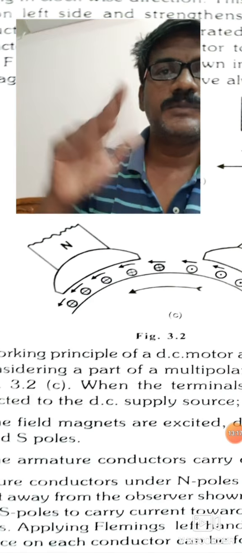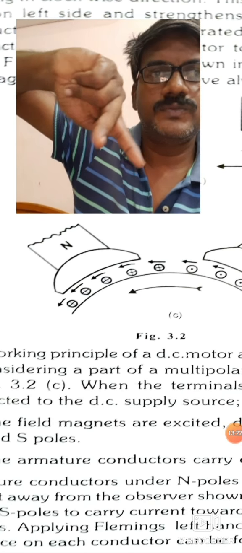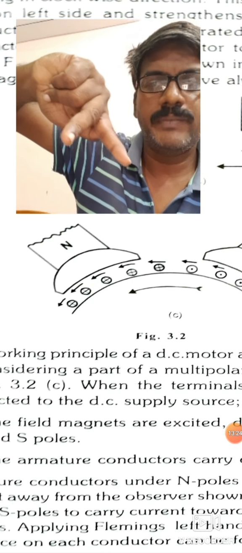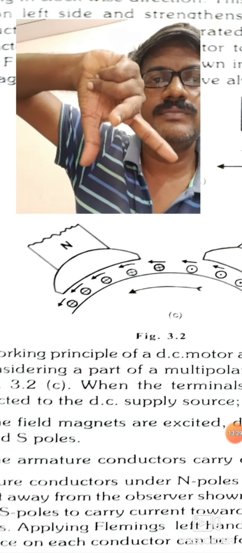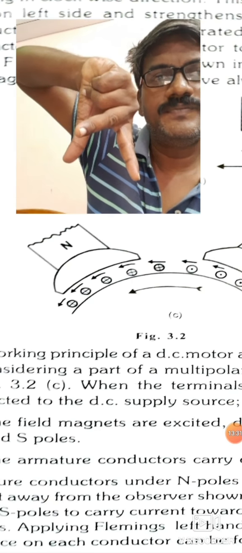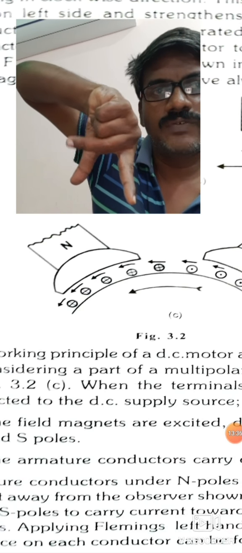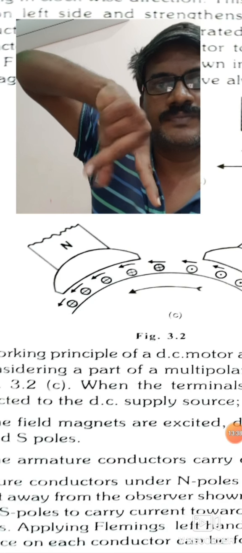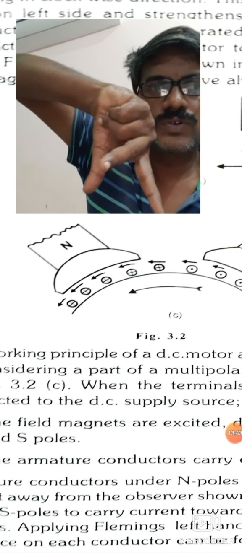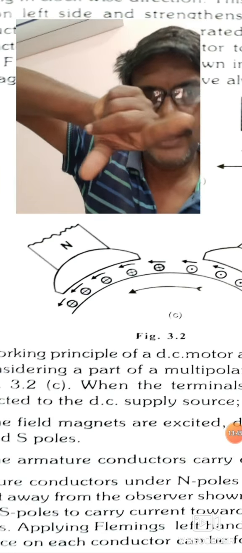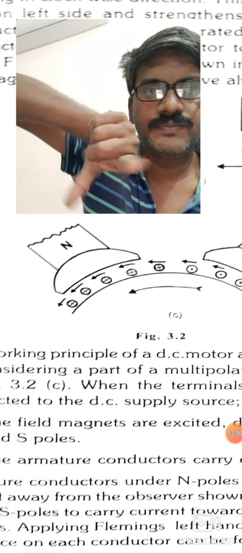This is the magnetic field direction, and this shows the current into the board, into the paper. And this finger shows the thumb. You can observe in the diagram. My thumb shows the direction of motion of the conductor, the force. So that's why it is in this direction. It is an anti-clockwise direction. In this way.